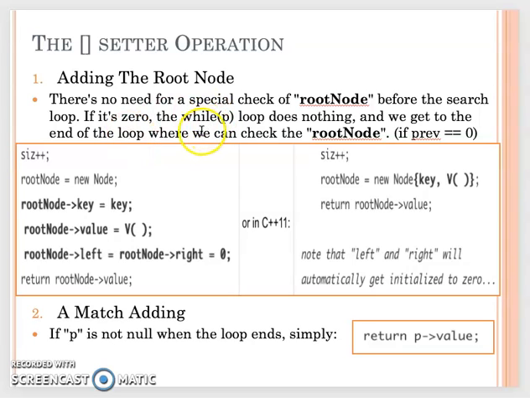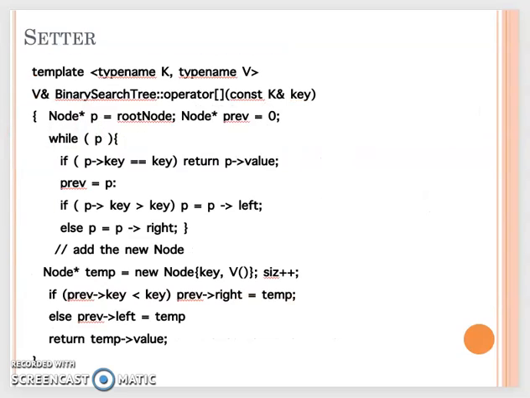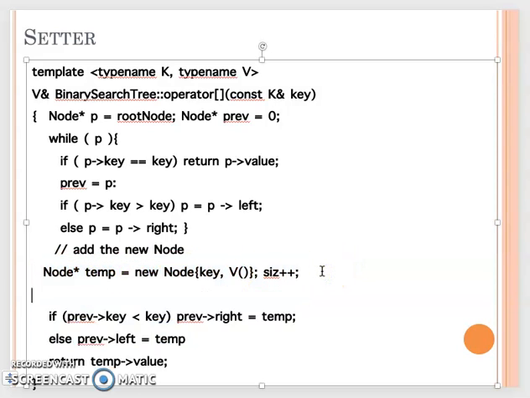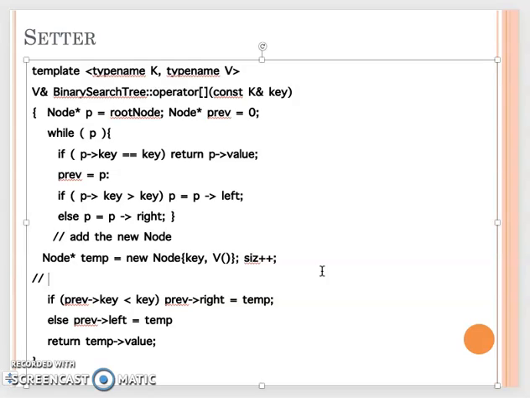So how do we know the P is the root node? Actually we need to check the pref. Otherwise, you are not the root node, you have a parent. But after we create the new node, you have two situations. The first situation is to add it as the root node.